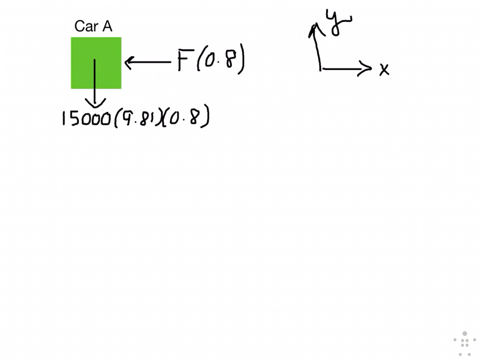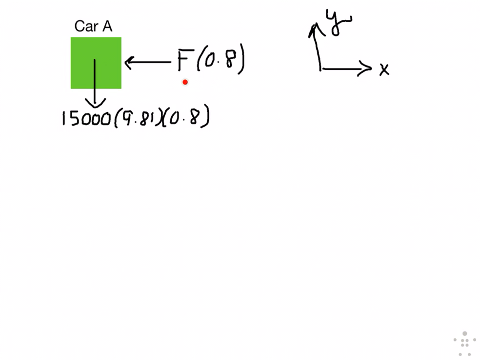So here I'm showing the impulse diagram for car A. I'm isolating car A, and that exposes this impulsive force from car B onto car A. You see that this impulsive force is what we need to solve for, and the time is 0.8 seconds.